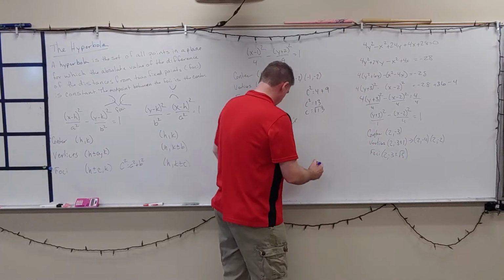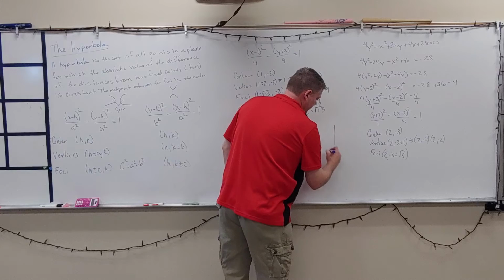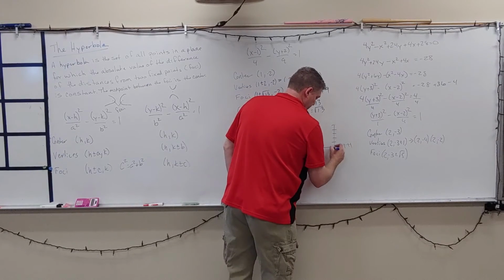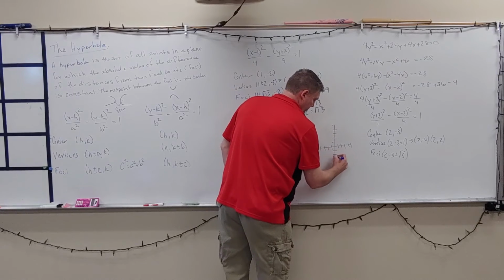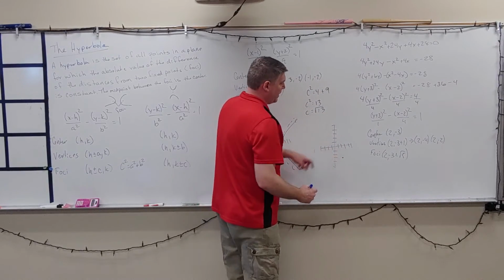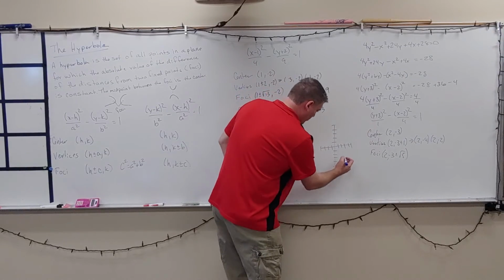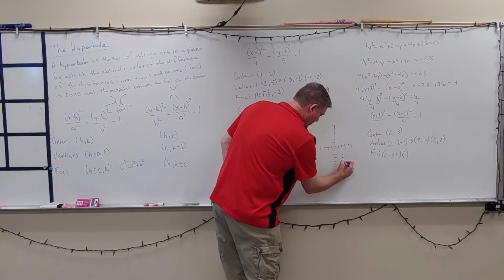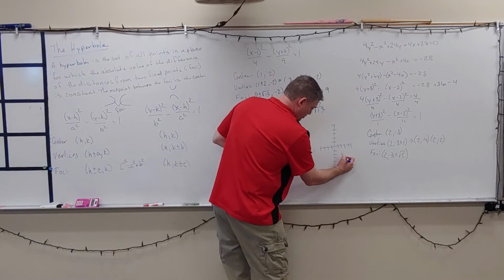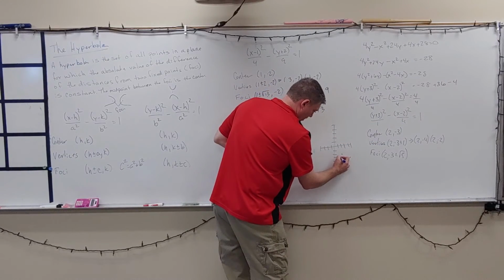There's that. Now if I want to graph this, okay, I'm going to start with my center, 2, negative 3. I look here, my up and down is 1, so I'm going to go up 1, down 1. I'm going to go right and left 2, 1, 2, 1, 2.